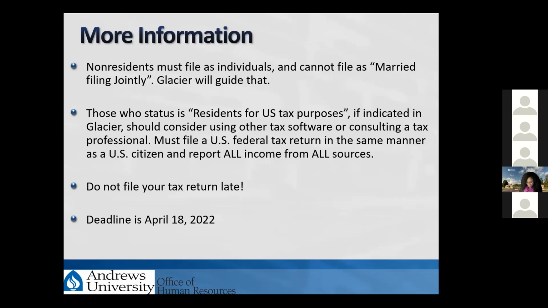So where can I get the 1042-S? Good question. All the forms you are mentioning, there's a likelihood that you may not have all of them. Depending on what you're doing, you may have them.